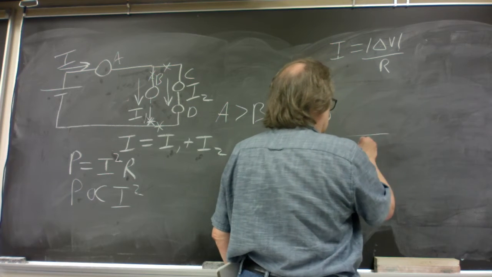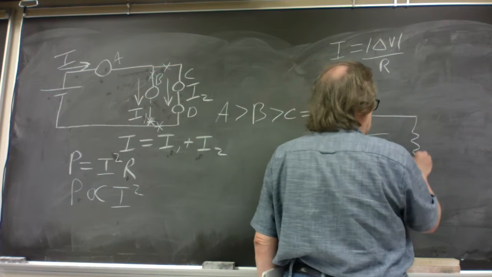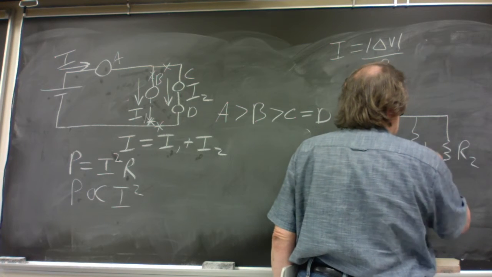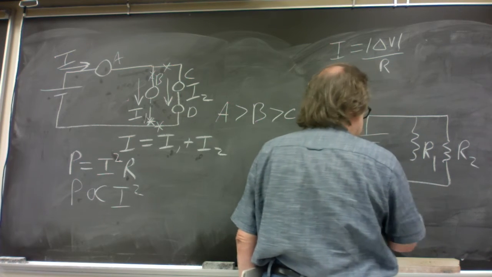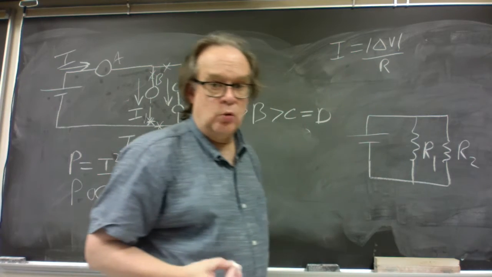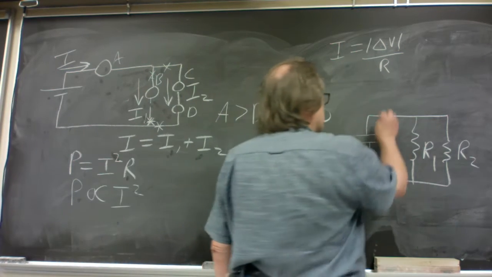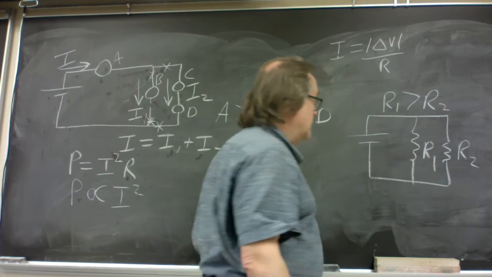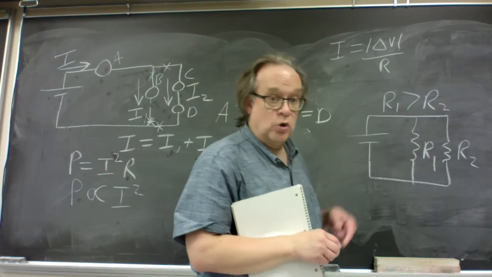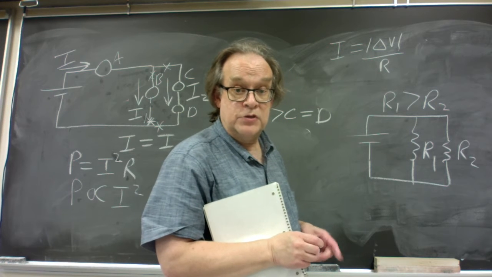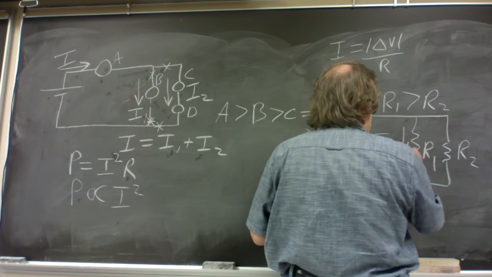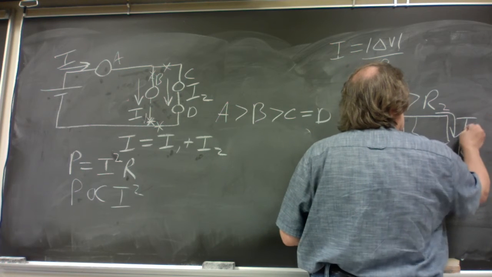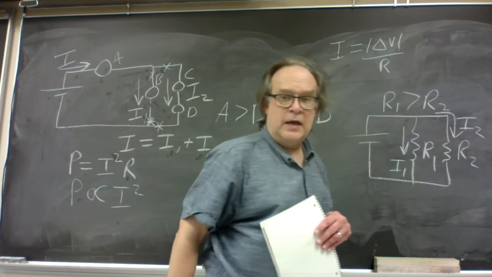So some kind of a circuit, and just keep it simple, 2 lumps of resistance, and we'll say that R1 is bigger than R2. And so again, here's a junction where current splits up into 2 paths, and we'll say that current 1 goes this way, and current 2 goes that way.